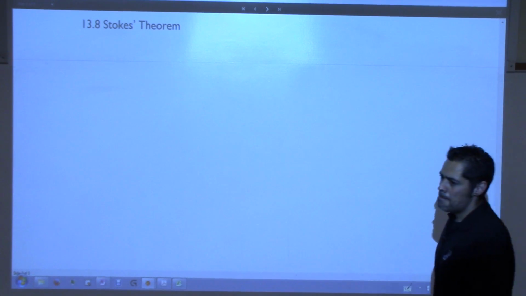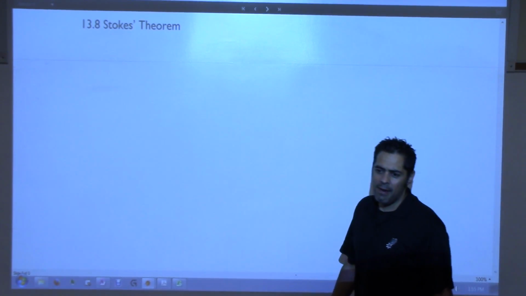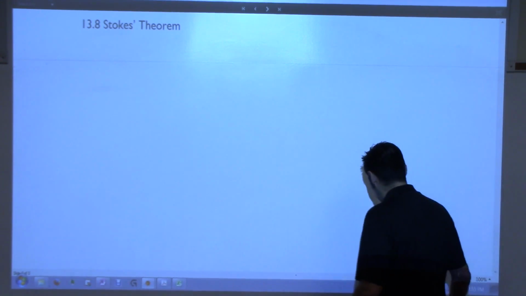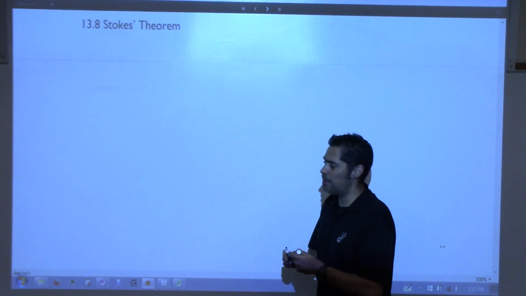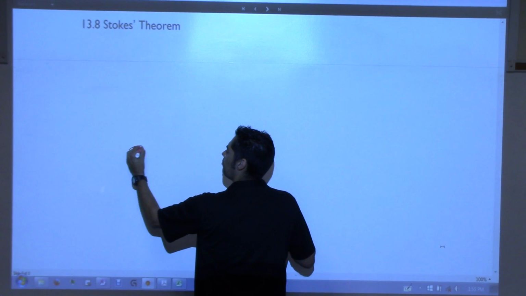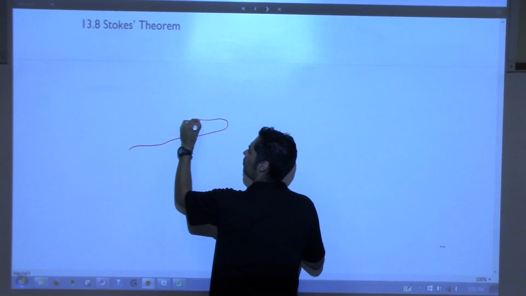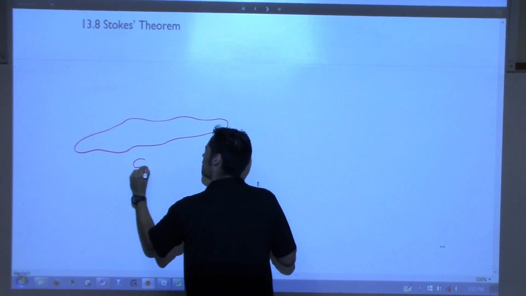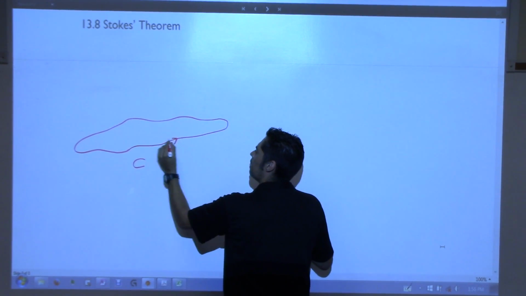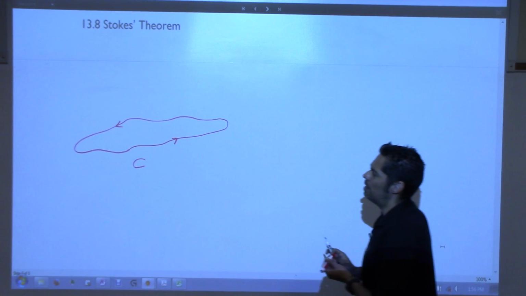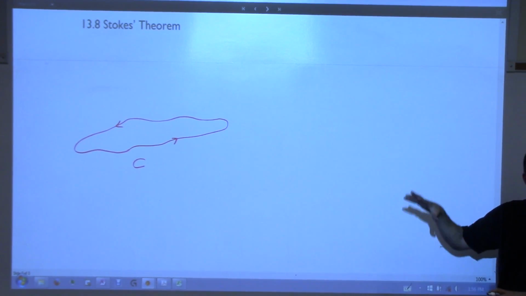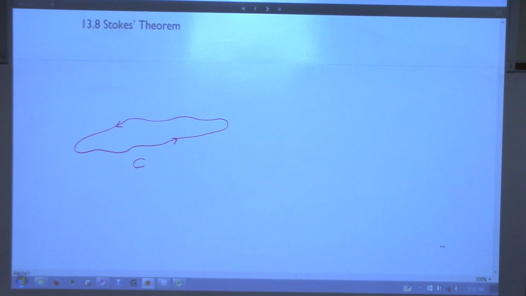It says that, let's say that you have a closed curve in three-dimensional space. Call it C, all right? And we're going to say positive orientation looks like this. Can you all kind of see that that's like a floating rubber band kind of in space?